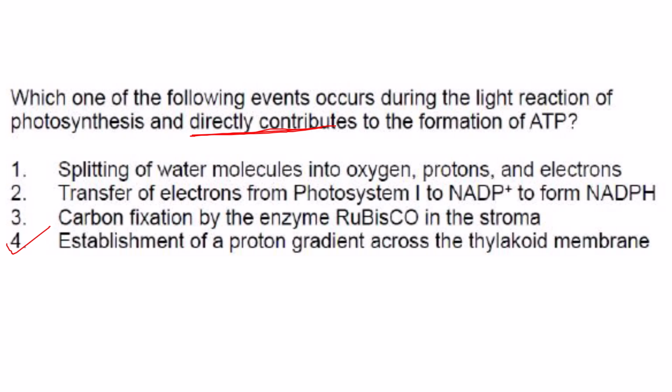Carbon fixation by the enzyme Rubisco in the stroma, that is a dark reaction. The question is for light reaction of photosynthesis. So that has nothing to do with ATP formation, but it is involved in ATP consumption rather than formation. So 3 you can take as wrong answer. So what is left out? 4. Establishment of a proton gradient across the thylakoid membrane.